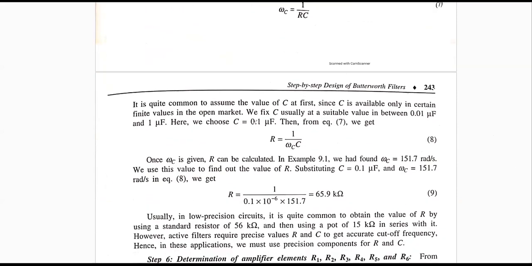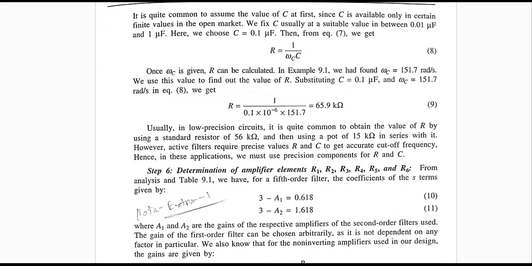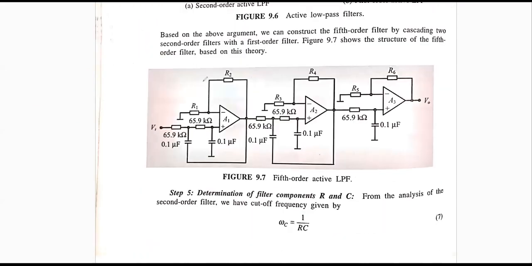For example, if C is equal to, we found, 0.1 microfarad, we can put it there. For omega C, we already know the cutoff frequency from the problem identification, because that is our first part. We need to find the order of the filter. We need to find the cutoff frequency. So whenever we find those two numbers, the cutoff frequency is known to you and the capacitor is known to you, then you can find the value of R. So in this fifth order filter, you know all these values.